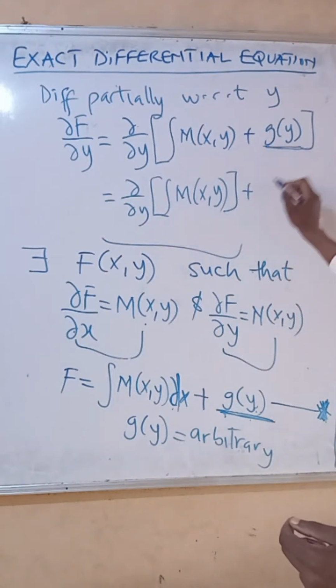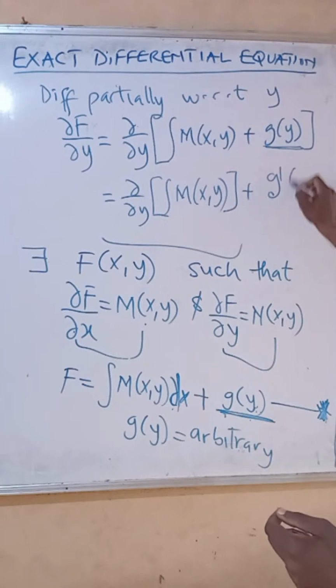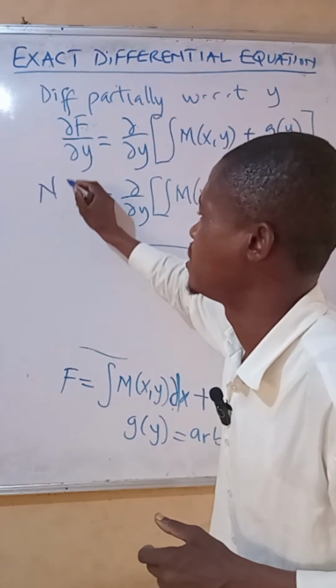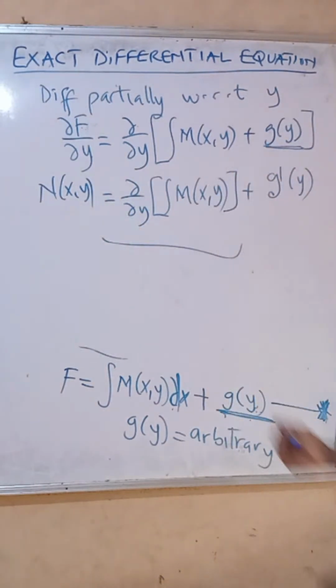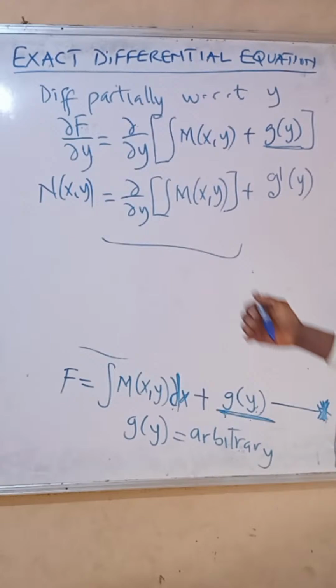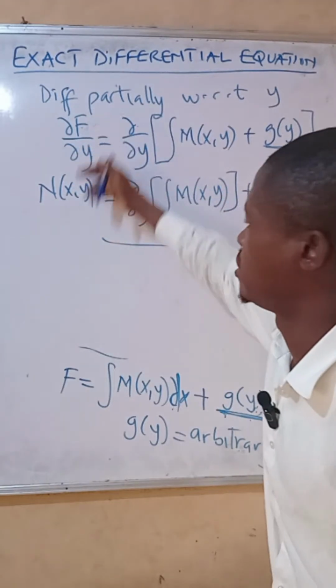g prime of y, which equals N as a function of two variables. So this one is equal to this one.